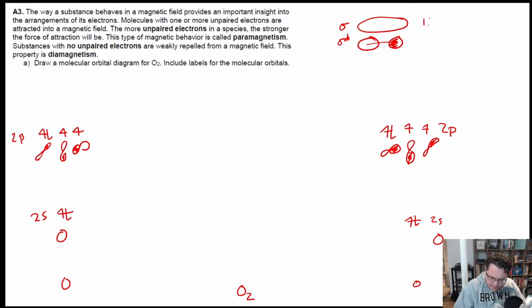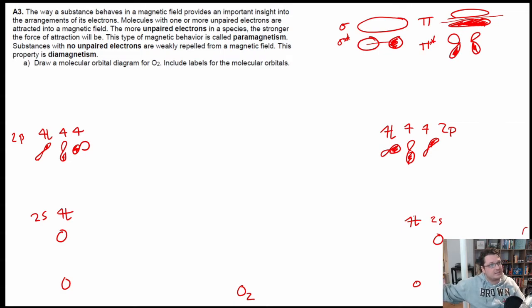In terms of pi bonds, the pi bonding interaction kind of looks like a hamburger bun where one side is shaded. In this case you have a node that's along the bonding axis that cuts the molecular orbital in half. And then for the pi antibonding interaction, you still have a node along the bonding axis, because the shading is different. You still have that node along the bonding axis because it goes back to what the starting orbitals are.